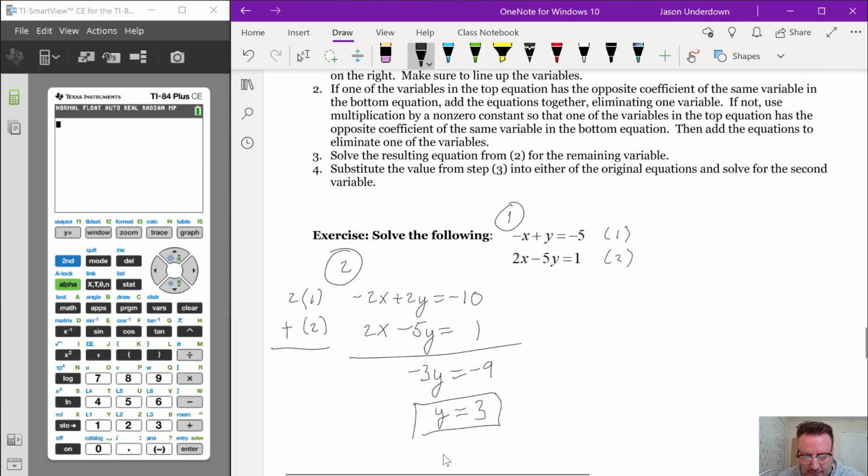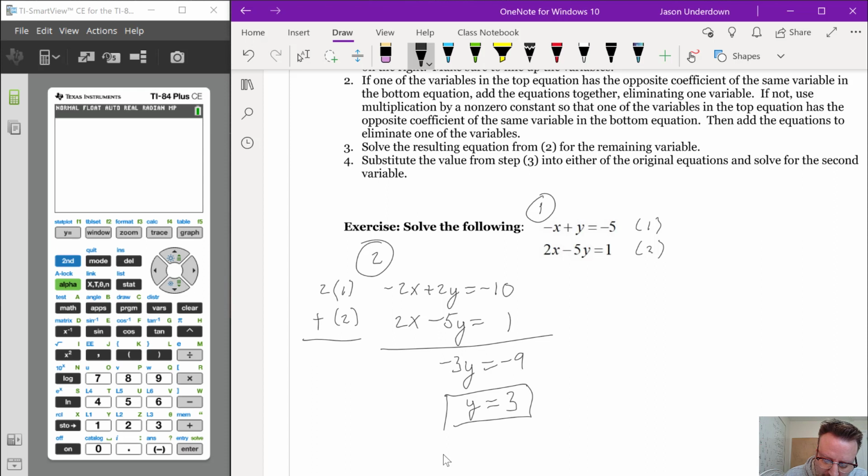And then step 3 was right here, where I solved the resulting equation, negative 3y equals negative 9, for the remaining variable, which in this case was y. And now we need to do step 4.